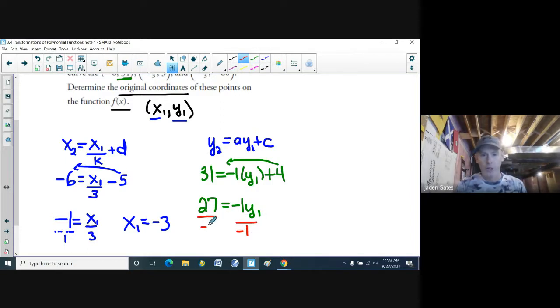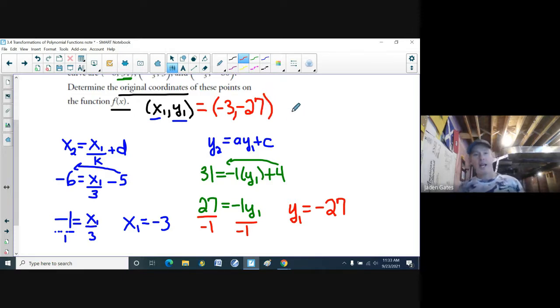All that's going to do is change your y1 to a negative 27. And there we go. We've got our original coordinate, which is (-3, -27).